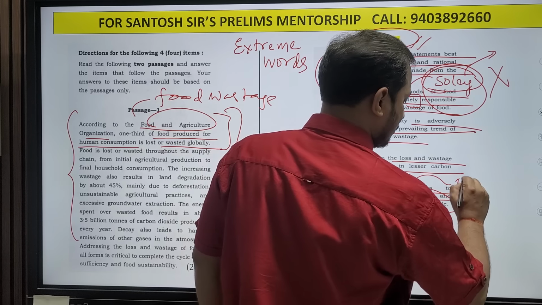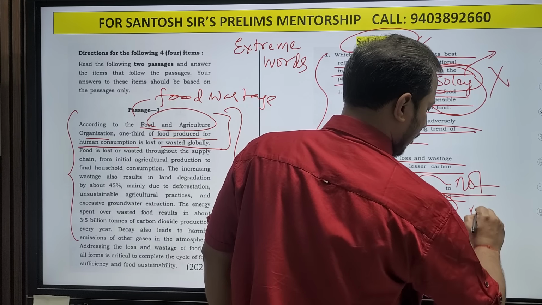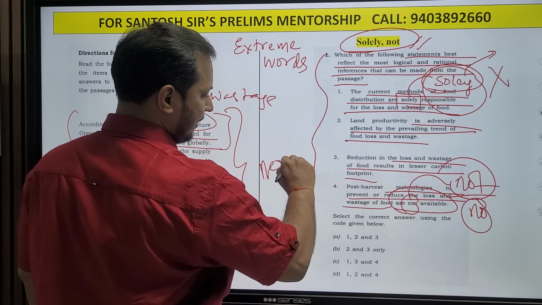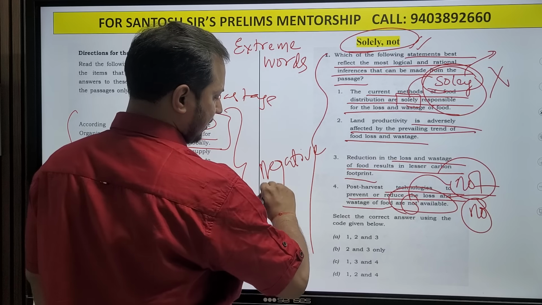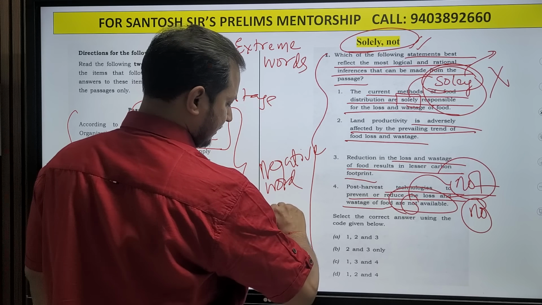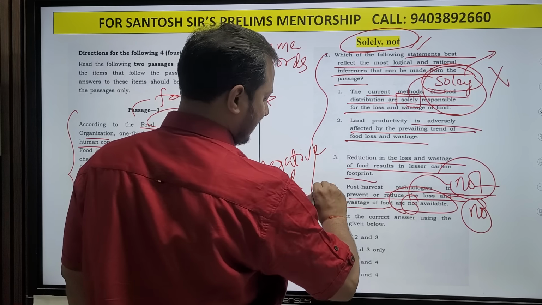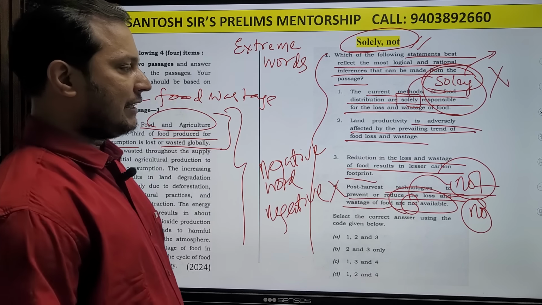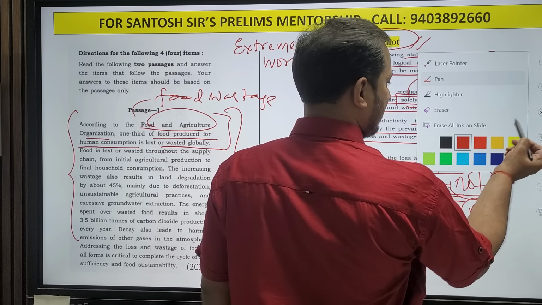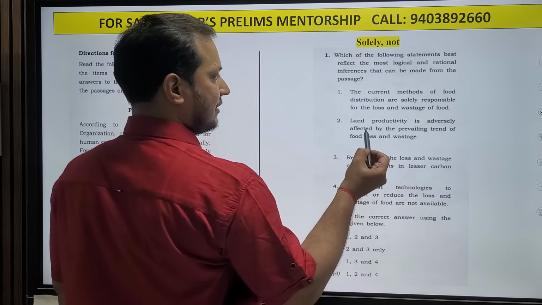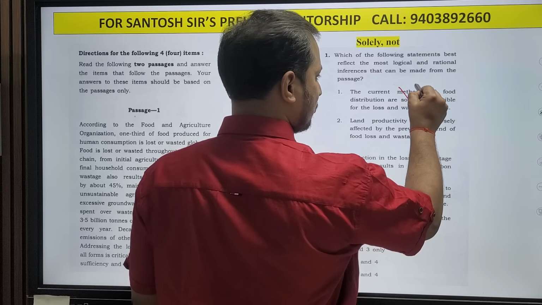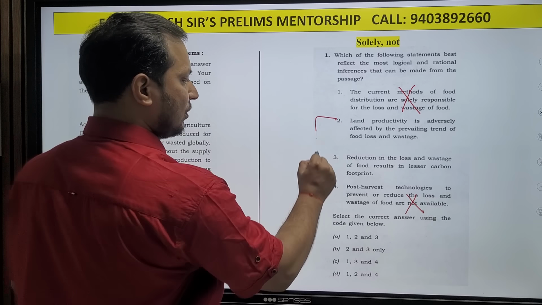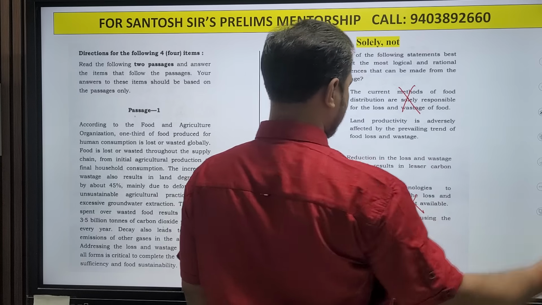Guys, whenever you come across not or no, negative words or negative sentences, in UPSC CSAT generally those statements are incorrect. So you get which 2 options as incorrect? Statement 1, solely, and not available. So the answer is 2 and 3.